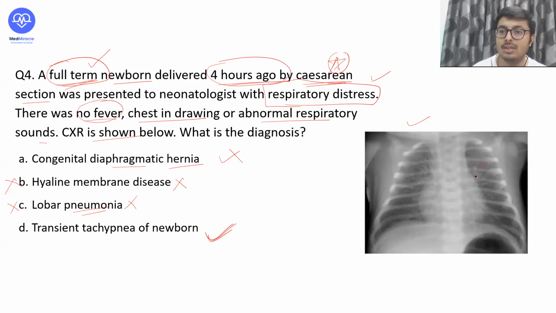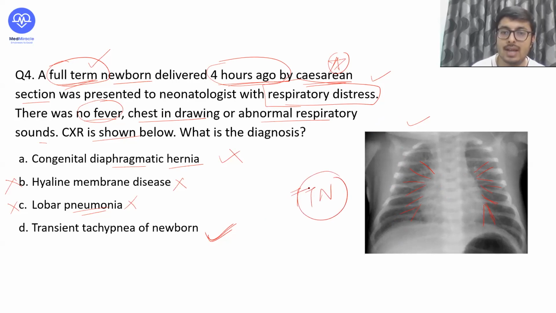It is showing the sun ray pattern of radio opacities, and the fluffy nature of the radio opacities, which is a classical finding of transient tachypnea of newborn.